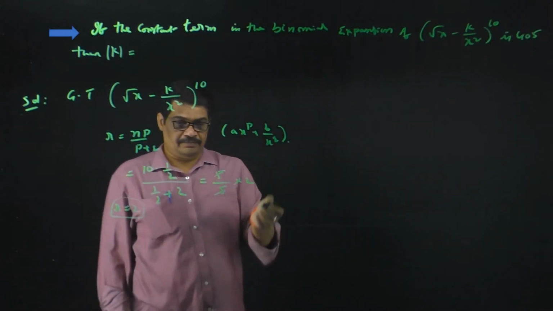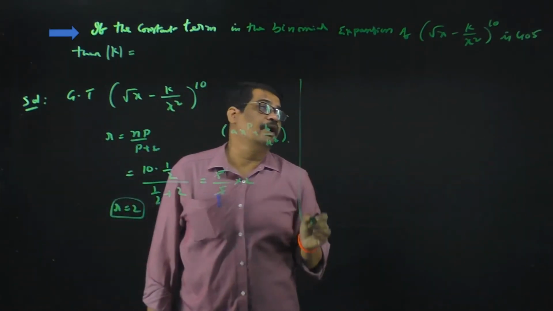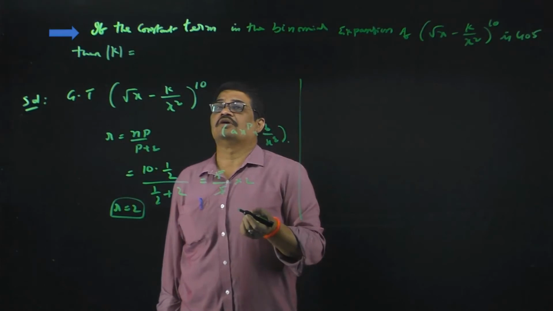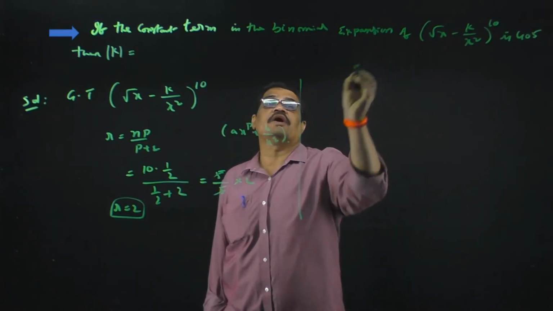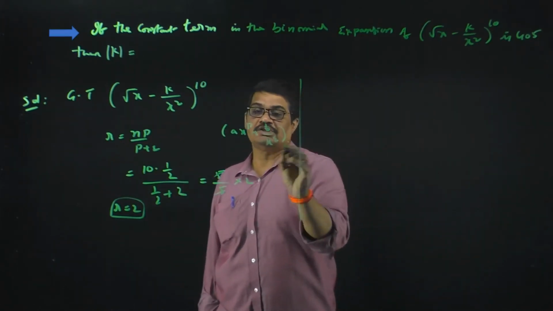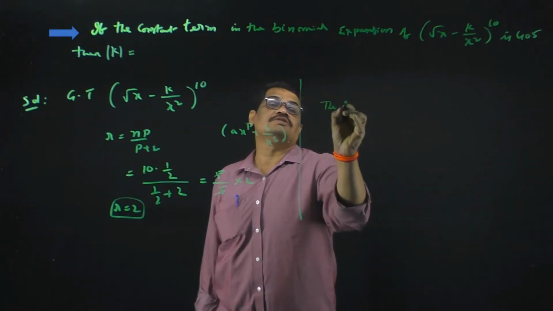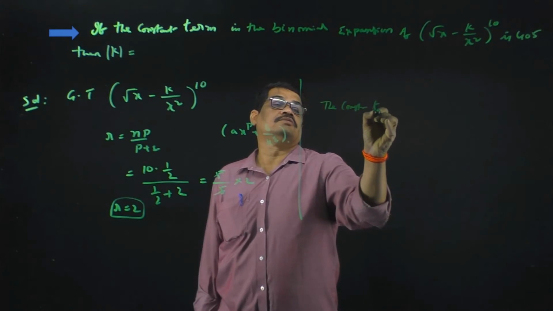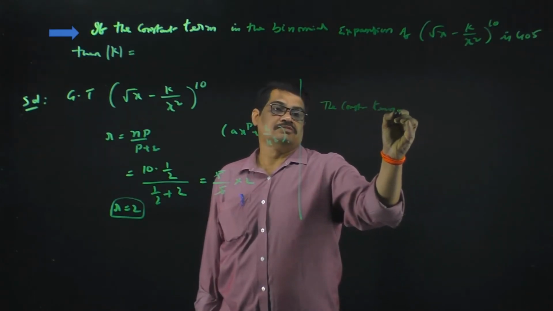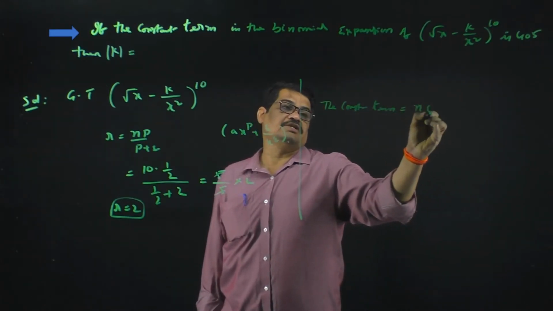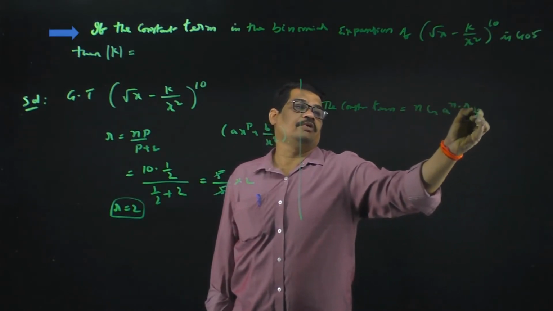So what is the constant term in this binomial expansion? The constant term is nCr a to the power of n minus r b to the power of r.